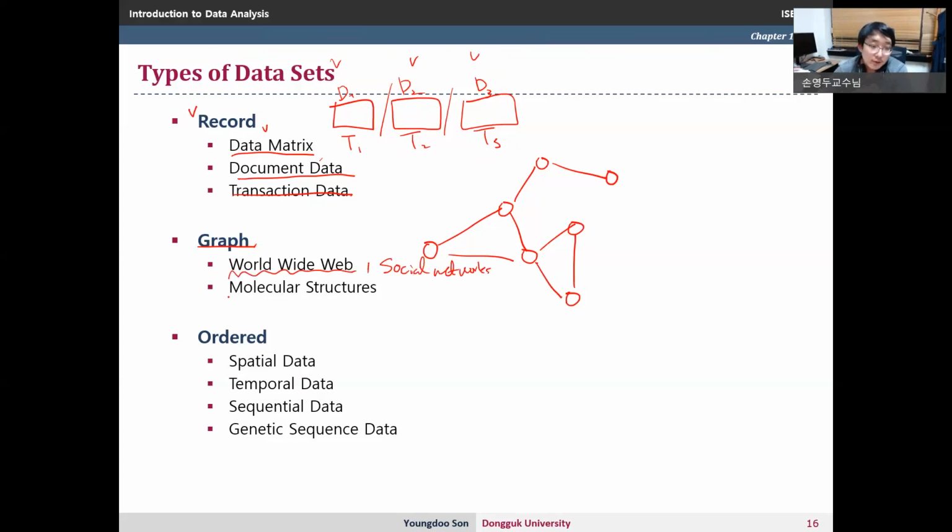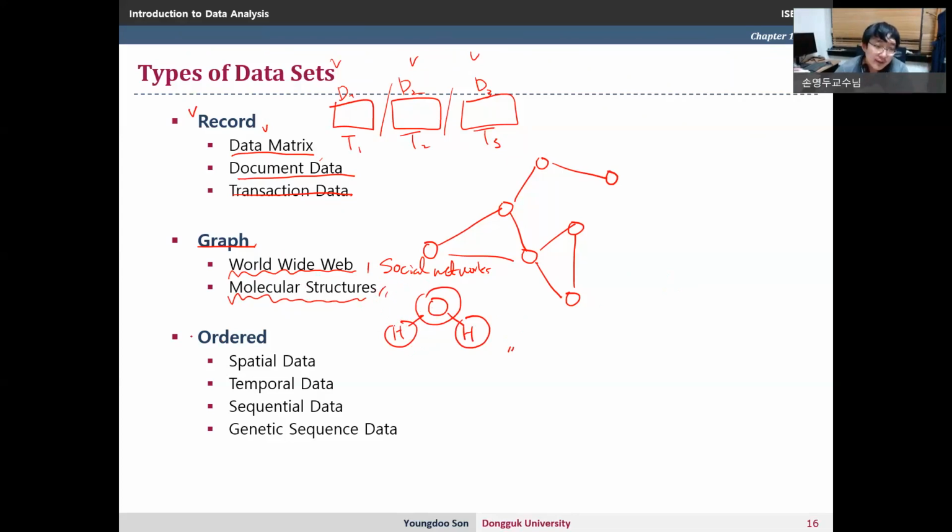And here's also the molecular structure, for example, for water: O, H, H. This can also be considered a graph. So in terms of data analysis, the molecular structure can be considered a graph.